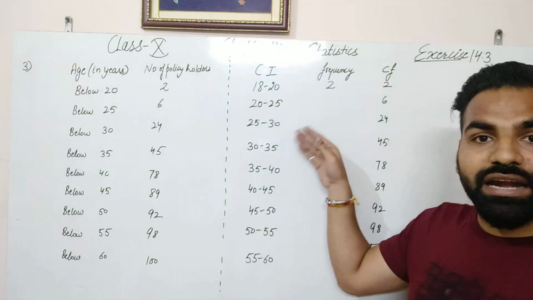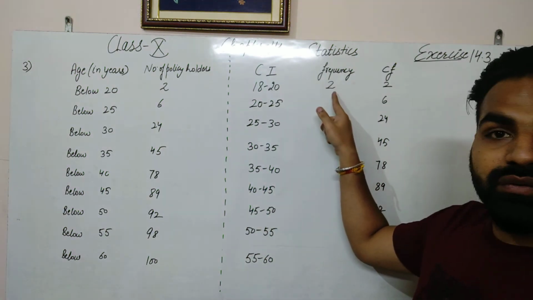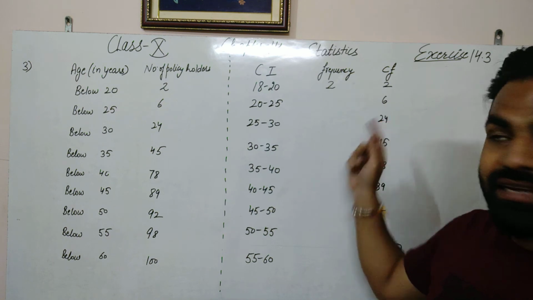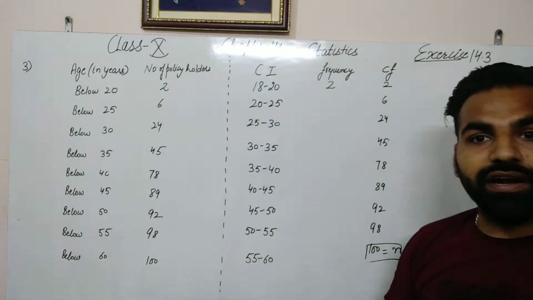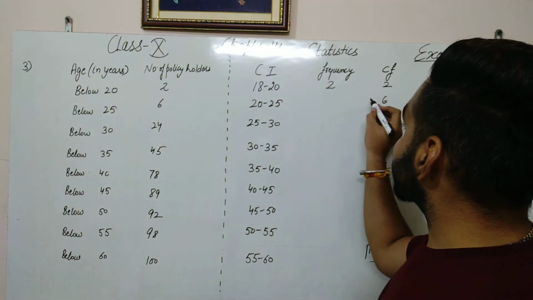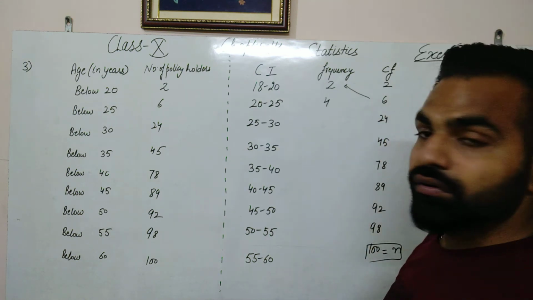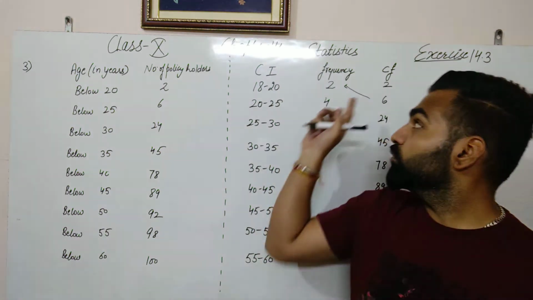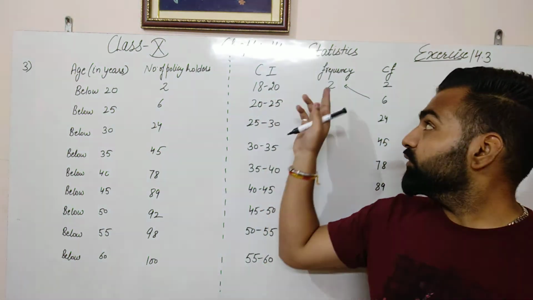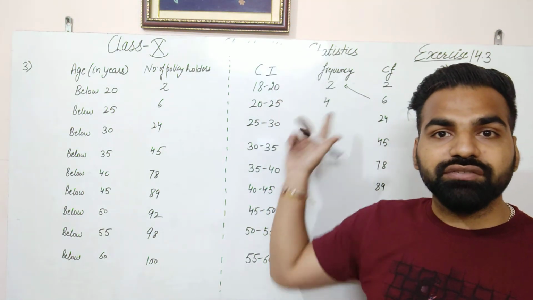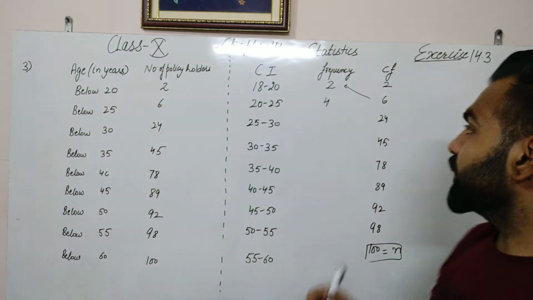We will subtract the previous cumulative frequency from the next cumulative frequency to find the value of F here. So next will be 6 minus 2, that is 4. Now we will subtract because we are moving from CF to F. If we have to move from F to CF, then we will keep adding frequencies.